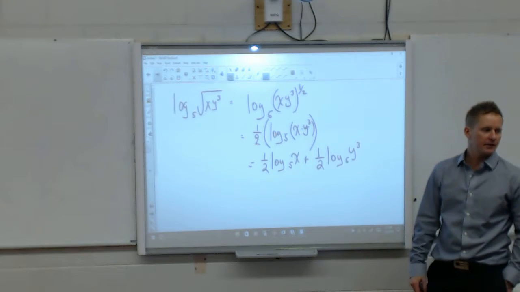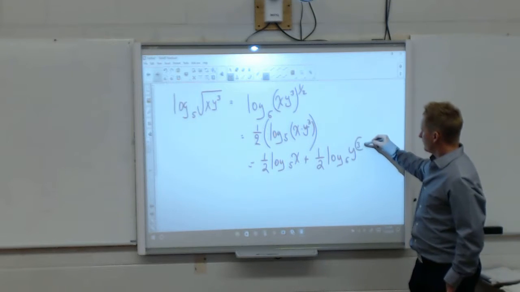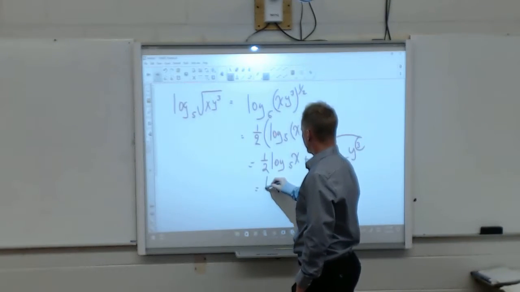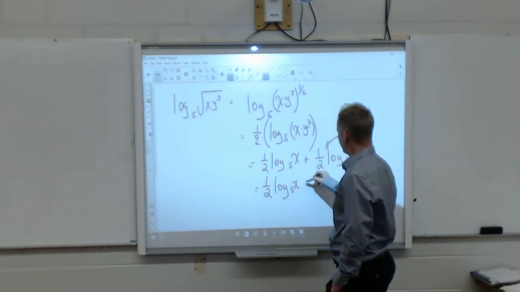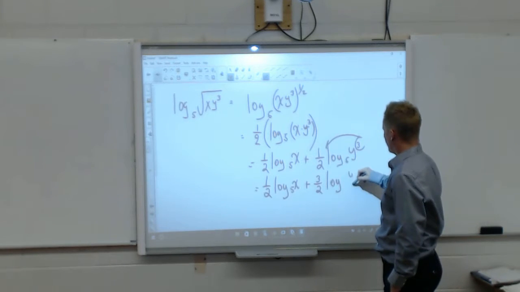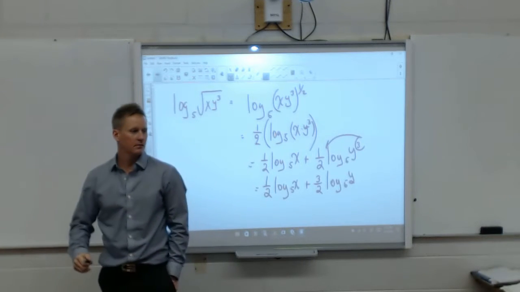What's the last thing I want to do? Get rid of that other exponent, move it to the front, and then multiply it by that. So here's my final solution, 1/2 log x base 5 plus 3/2 log y base 5. Okay?